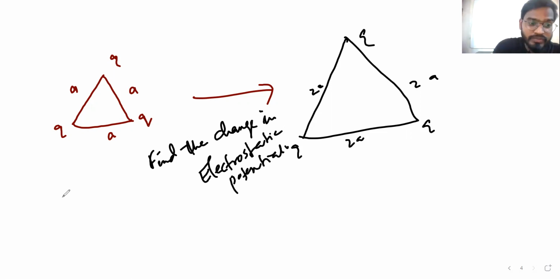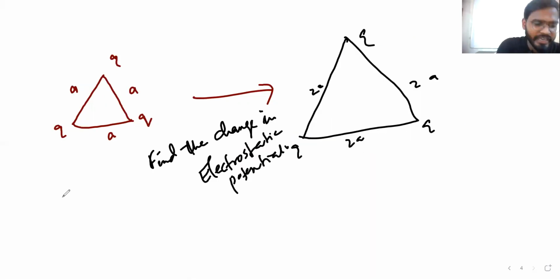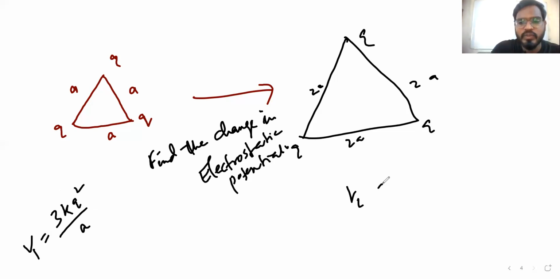Guys, let's find first for this: 3KQ square by A, that is the potential. Let's call it V1. Here V2 is 3KQ square by 2A. So net potential is easy now.